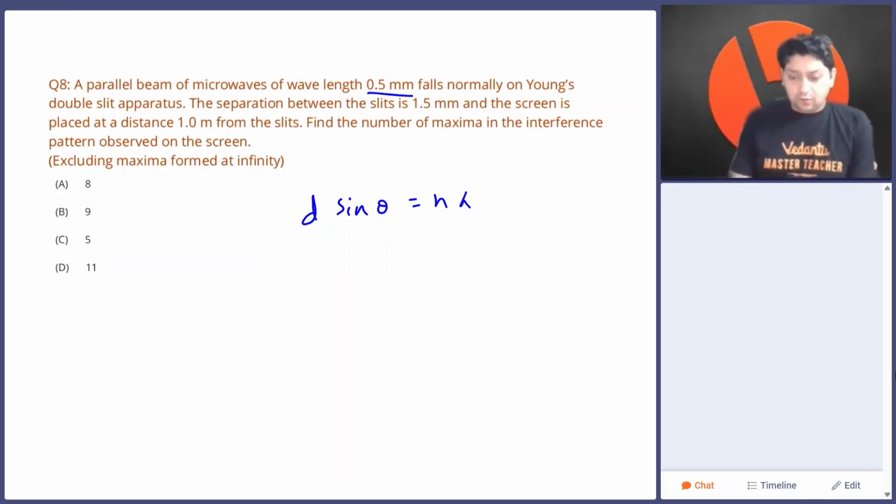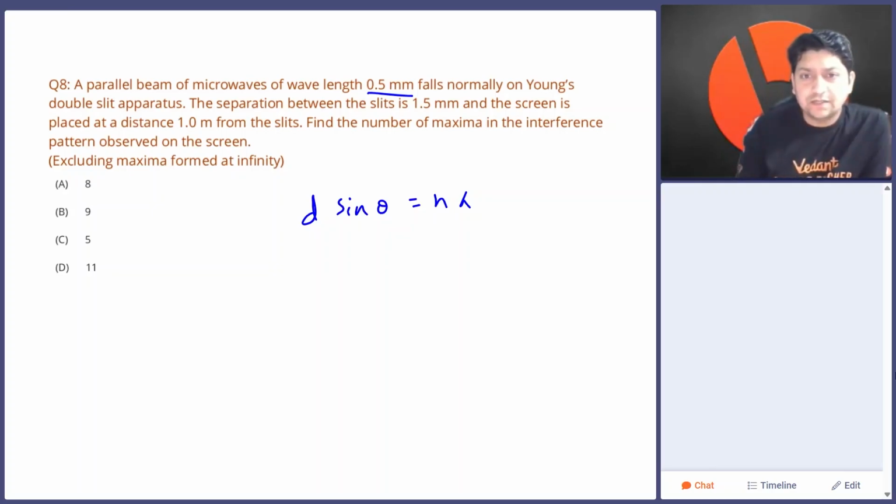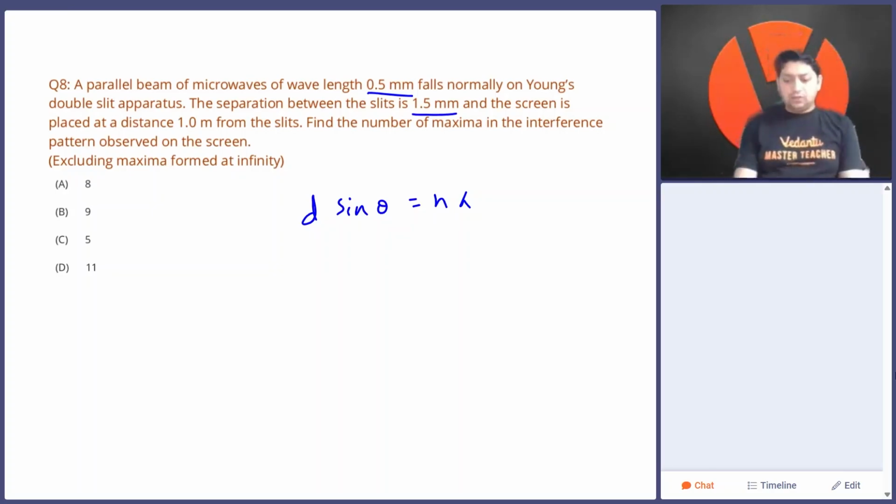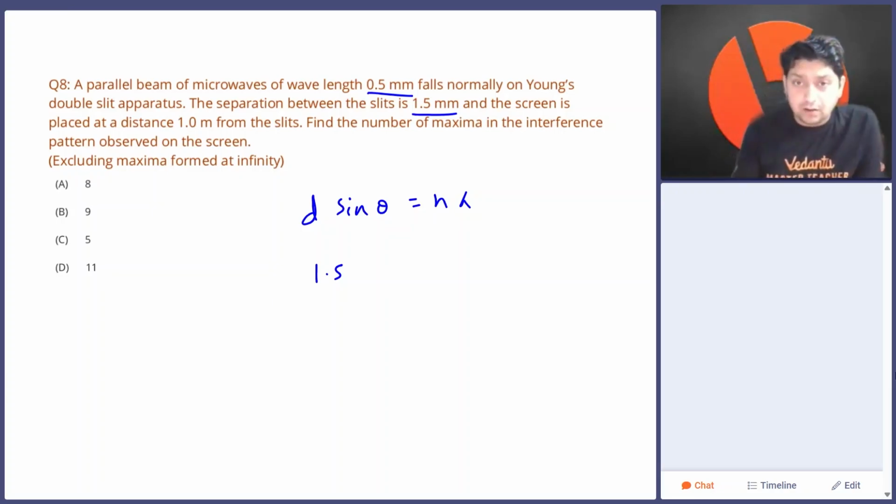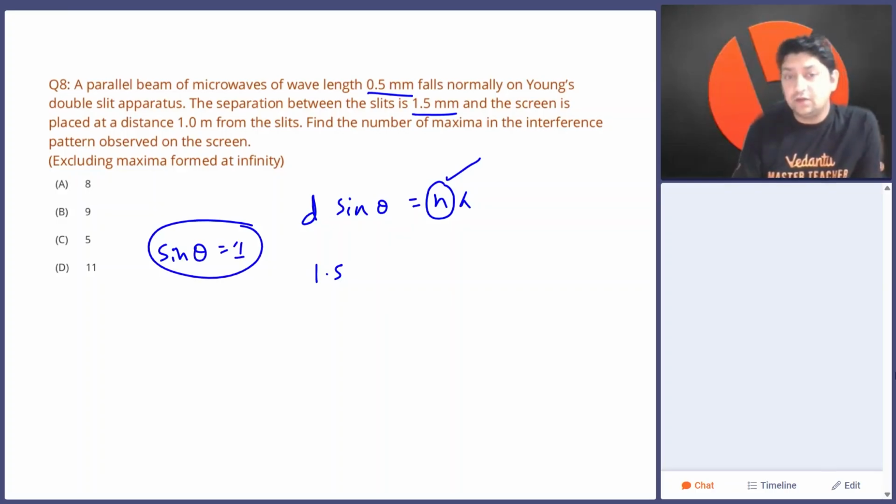Here small d, the separation between the slits, is 1.5 mm, and the maximum number of maxima we can find out by putting sine theta at its maximum value, which is equal to 1. So 1.5 into 10 raised to power minus 3, with sine theta as 1, will be equal to n into lambda. Lambda is 0.5 into 10 raised to power minus 3, right?